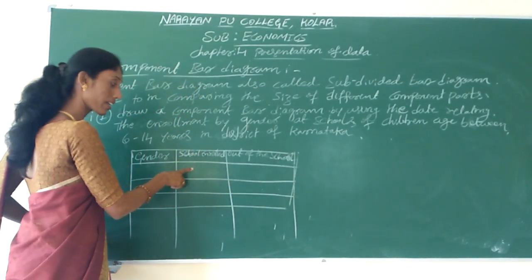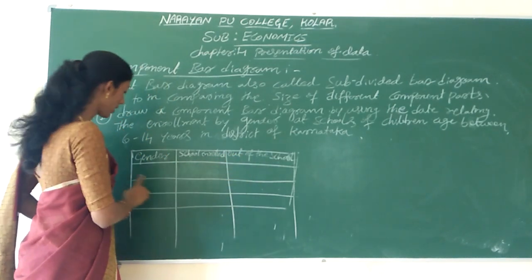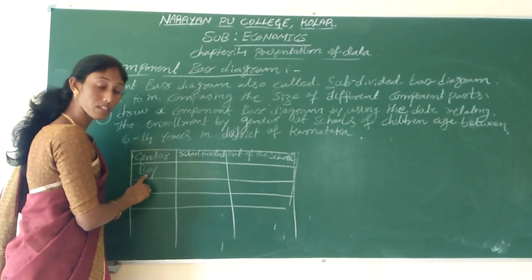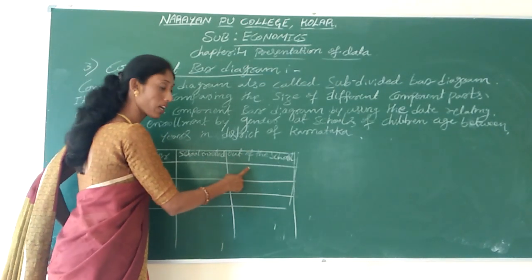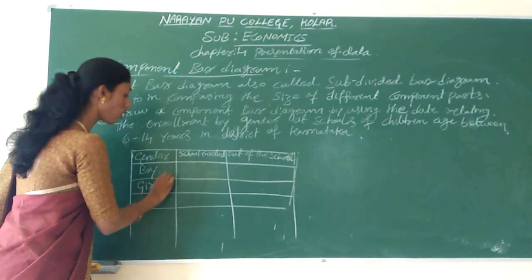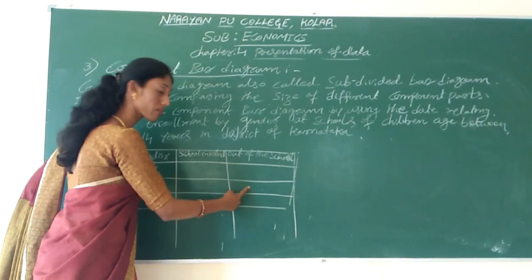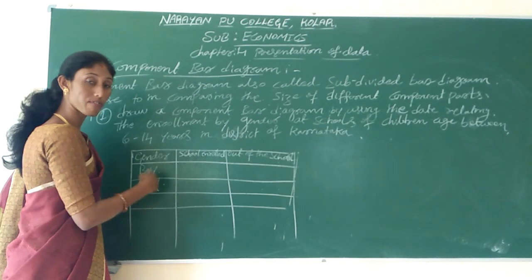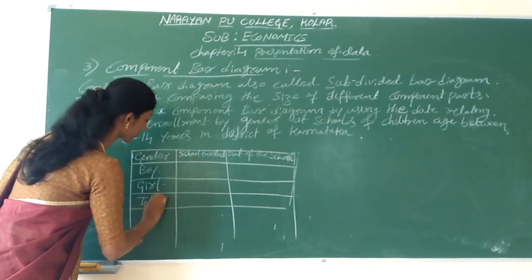How many are joined in school is school enrolled, and the rest are out of school. In the total population of boys in the district, how many are admitted to school and how many are out of school? And in the girls, how many are enrolled and how many are out of school? They will give the data, and the total, and relating to that we need to draw the total.